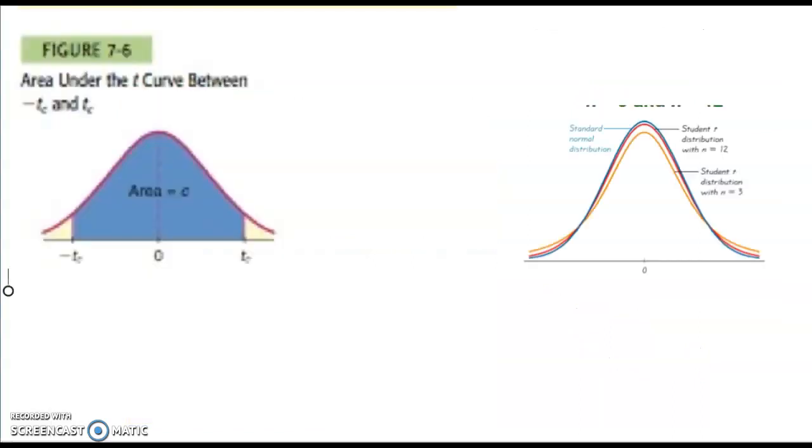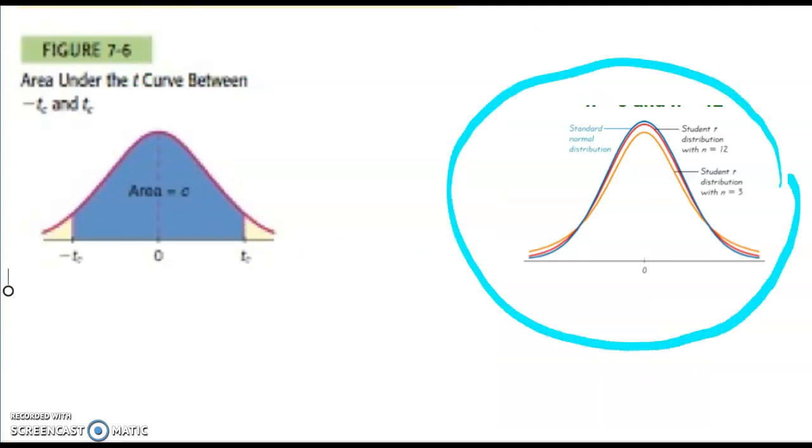Here we have two t-distribution representations. I want to take a look at the one on the right. You can see in blue we have the standard normal distribution. I would like to draw your attention to the fact that for the standard normal distribution, the top of the bell is up higher, but then down on the right and left legs, the tails are lower.